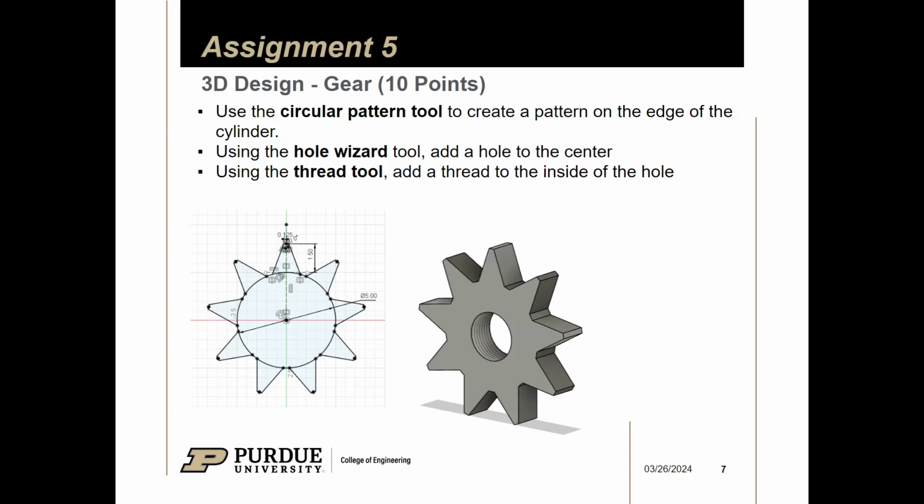Again, we're gonna try to do this in a very efficient way, so if we ever want to go back to change things, it'll make it really easy for us. Because normally on a gear, all the teeth are the same, and you don't want to have to CAD 500 teeth when you can just CAD one and then copy it a bunch of times. So we're going to do that today.